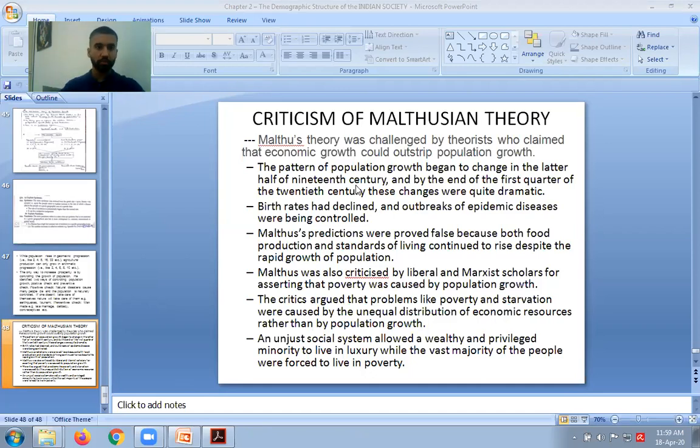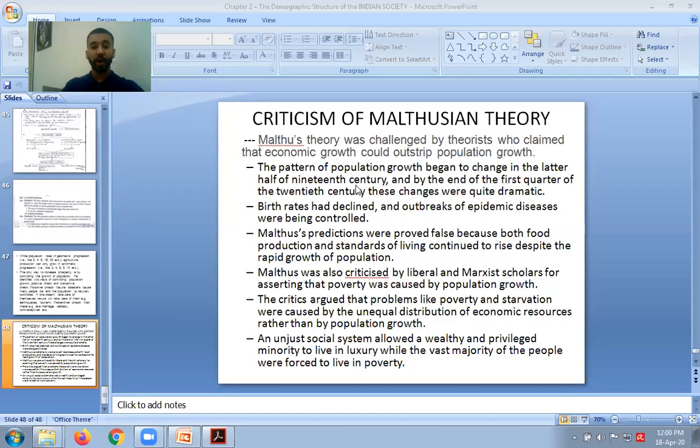Population was growing, but at the same time, production was also growing, right? Industries were coming. They were producing products on a larger scale. So with the help of industries and fast production, people were able to cater to the needs of the population. Malthus was thinking that this was not going to happen.